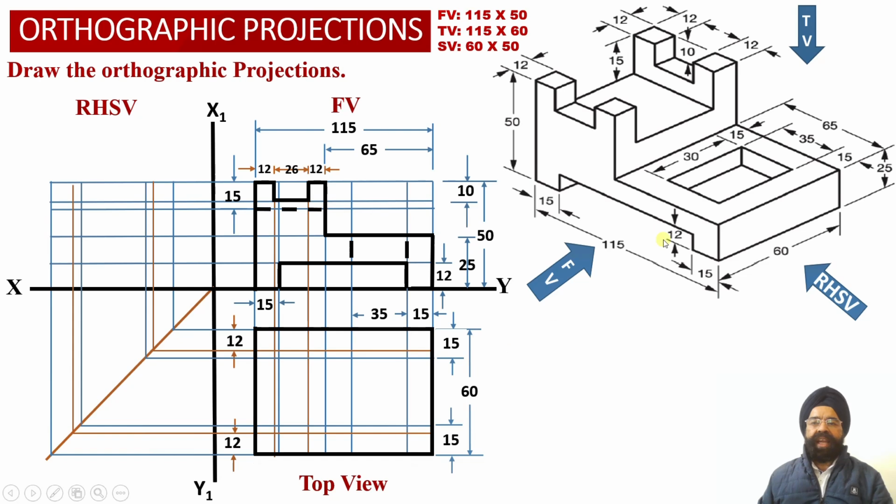So now let us join all the edges which are visible to the observer from the top view orientation. When the observer looks at the solid from the top, this boundary of the solid will be visible to the observer in the top view projections. Next we have element number 2.